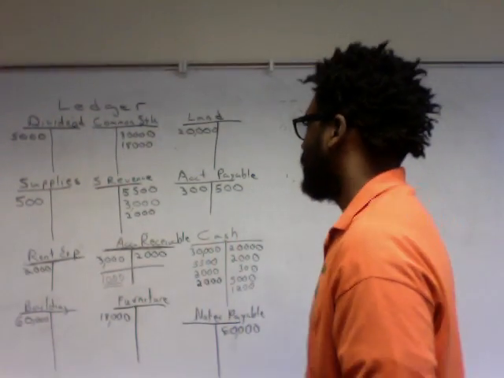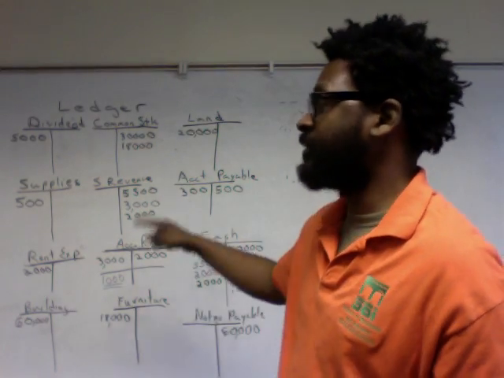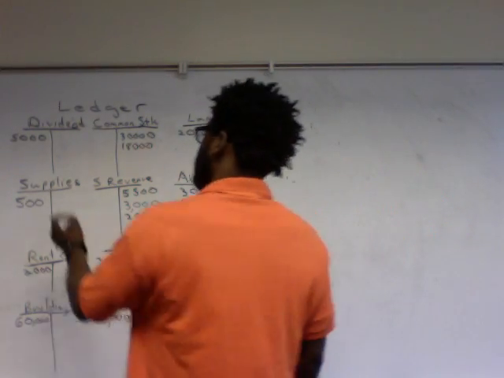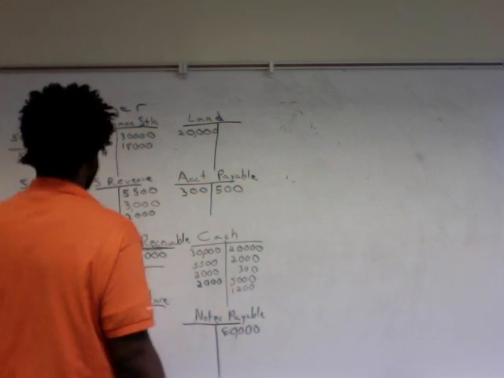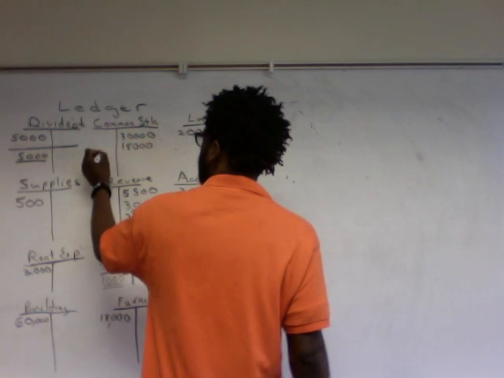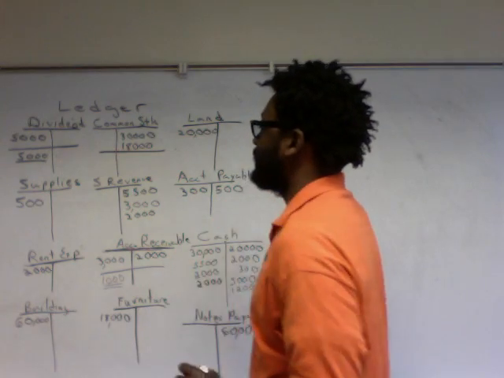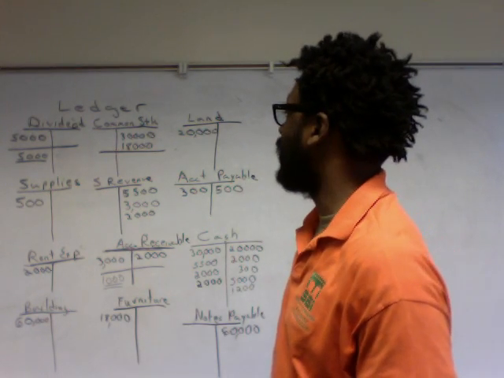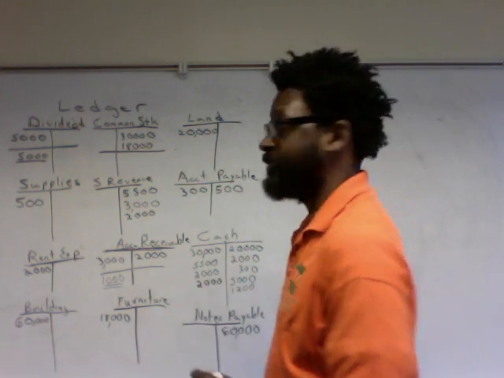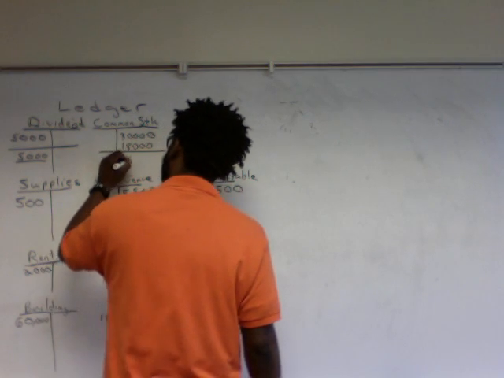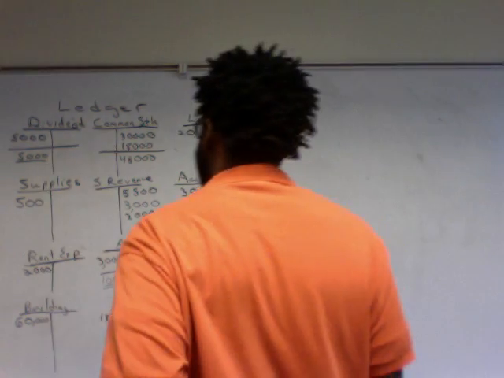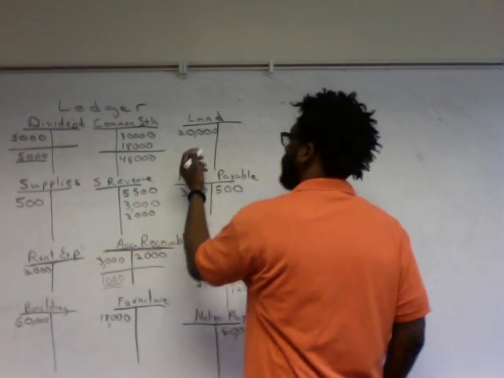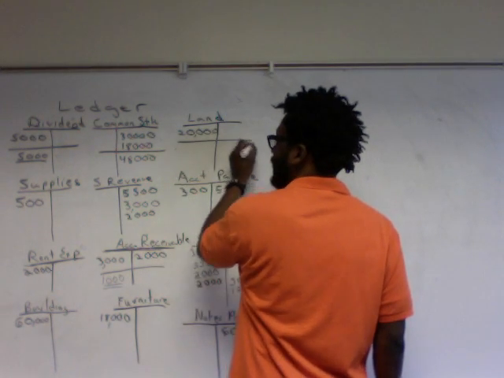Okay. So what I'm going to do is calculate the ending balances for all the rest of these quickly. So dividends, we have $5,000. Nothing was on that account, so that gives us $5,000. Common stock, we have $30,000 plus $18,000. That gives us $48,000. I need to get my phone ready because I'm probably going to have to use calculations in a second. We have land.